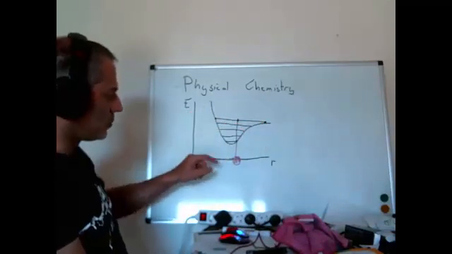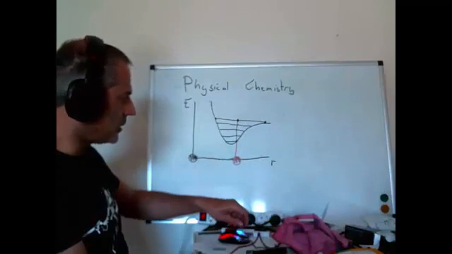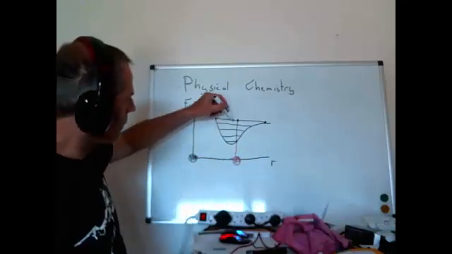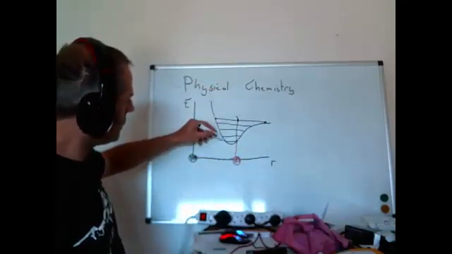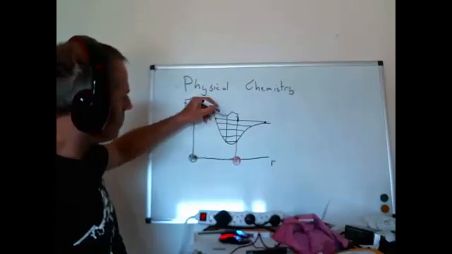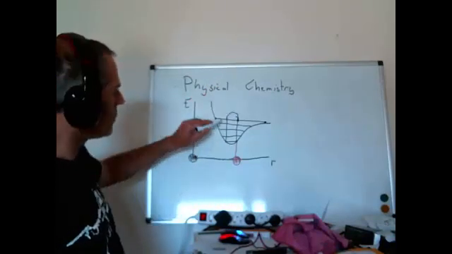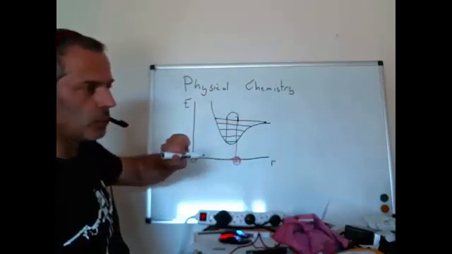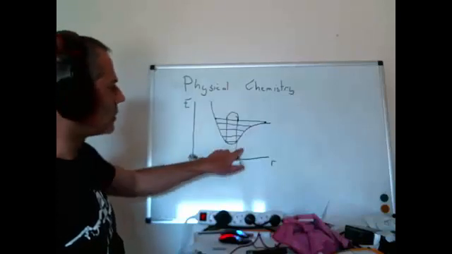So if we look at that, we can see that this molecule can only relax in this region. Outside this region, it can't possibly relax down to the ground state.